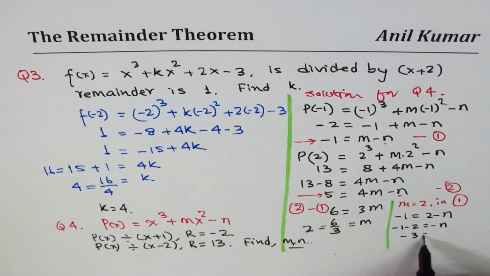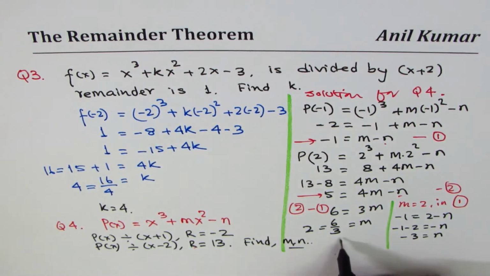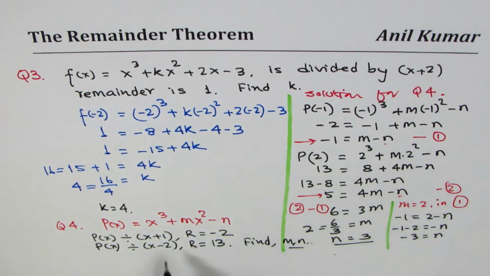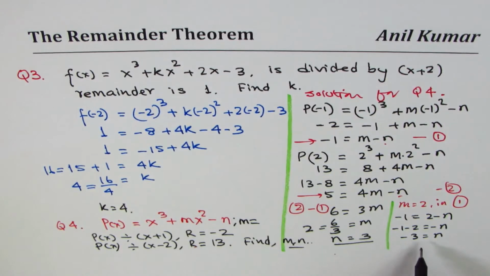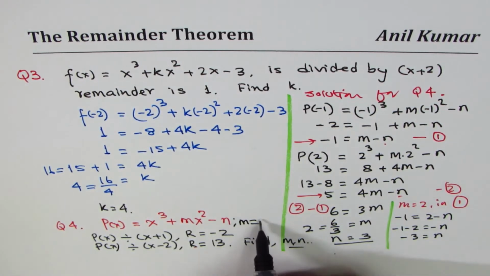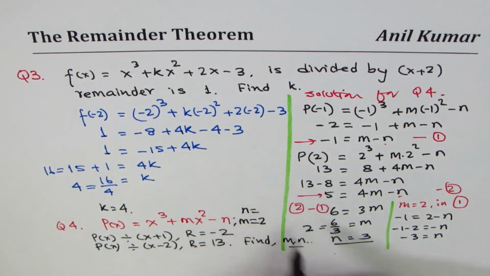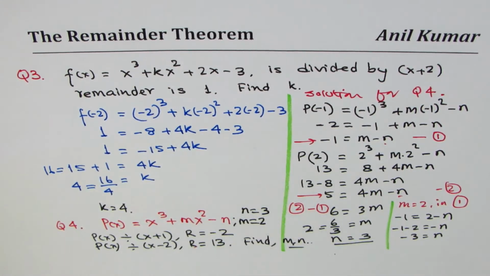That is minus 3 equals minus n, or we get n equals 3. Is it okay? So we get our solution: m is equal to 2 and n is equal to 3 is our answer.